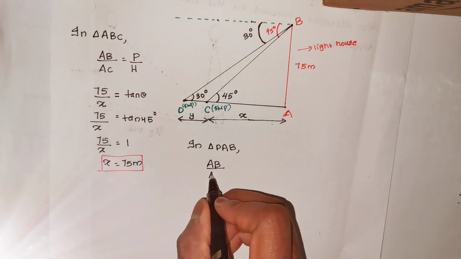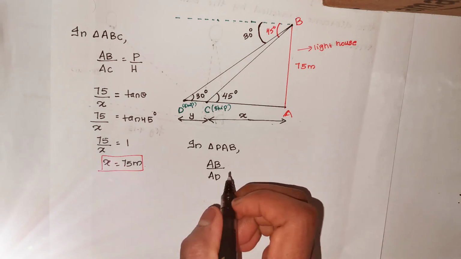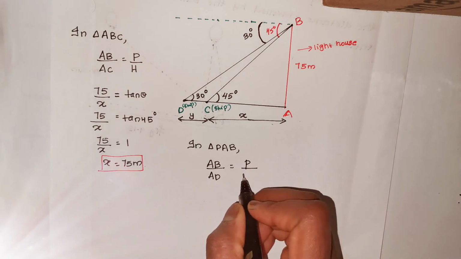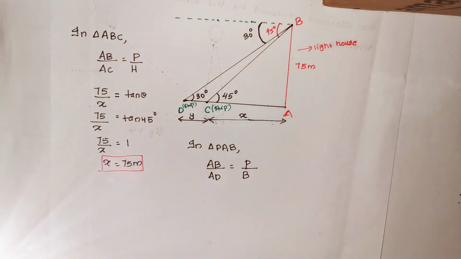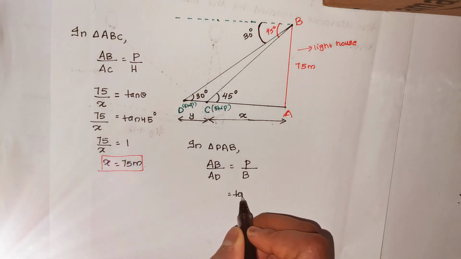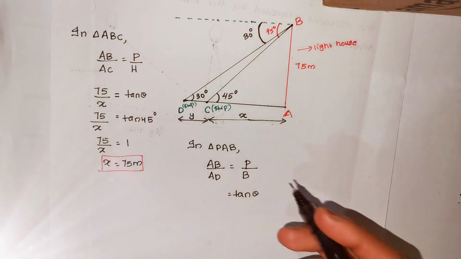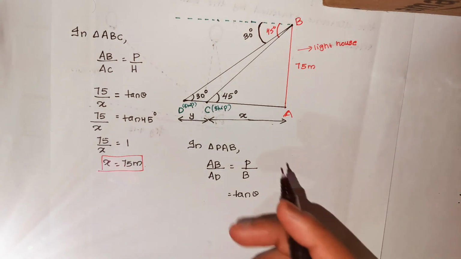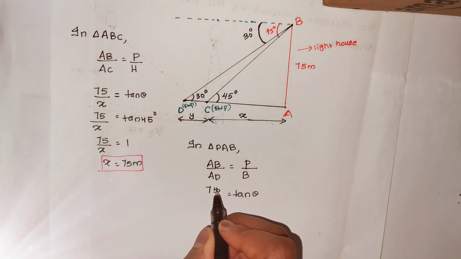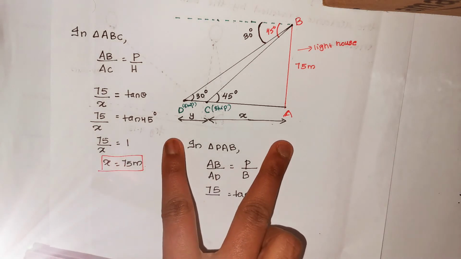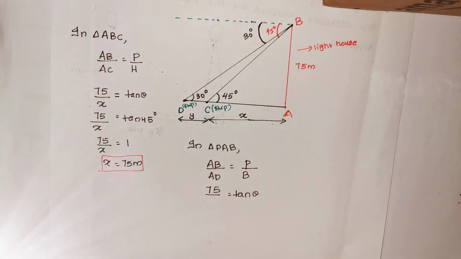AD is equal to perpendicular by base. So, perpendicular by base is tan theta. So, what is AB? AB is 75. AB is 75 divided by AD, what is AD? x plus y. So, x plus y.